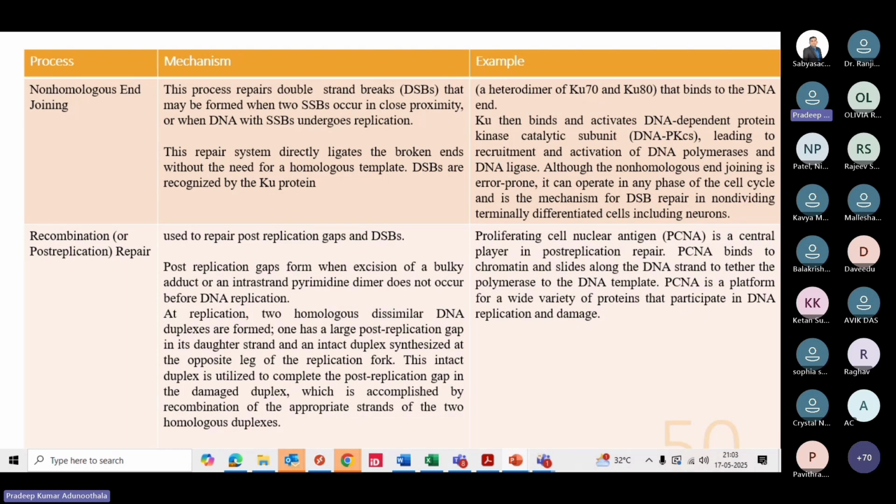This intact duplex is utilized to complete the post-replication gap in the damaged duplex, which is accomplished by the recombination of the appropriate strands of the two homologous duplexes. The main example of this mechanism is proliferating cell nuclear antigen, which is a central player in post-replication repair. PCNA also binds to chromatin and slides along the DNA strand to tether the polymerase to the DNA template, and it is a platform for a wide variety of proteins that participate in DNA replication and damage response.